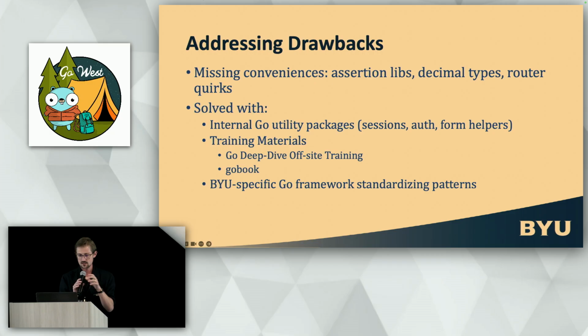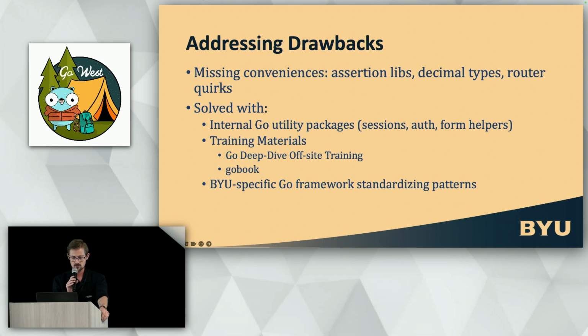Some of the drawbacks: we have some assertion libraries. There's a lot of assertion libraries in whatever language, but Go still has that issue. Not terrible to write your own little wrapper if you want. Decimal types, router quirks, there's some routing that has had some changes recently in the Go ecosystem, so we like those changes.